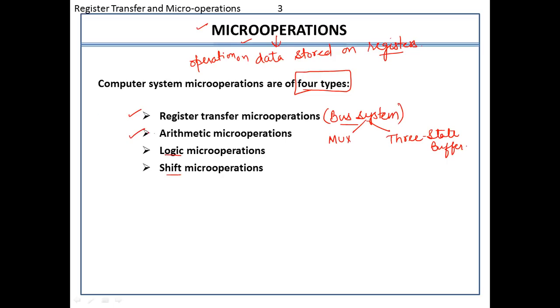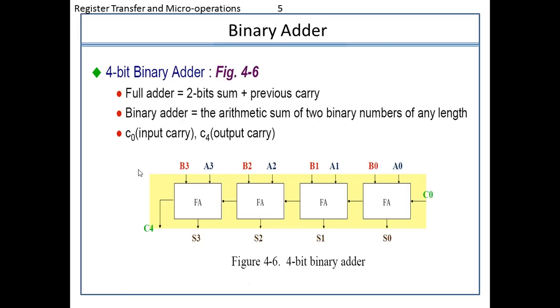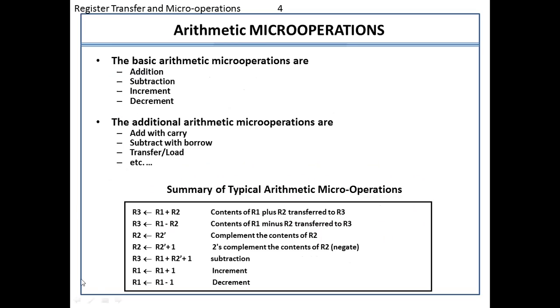So let's start understanding what the arithmetic microoperations are and how we can design the arithmetic circuit for such microoperations. In the arithmetic microoperations, as the name specifies, we can perform basic arithmetic like addition, subtraction, incrementing, or decrementing.